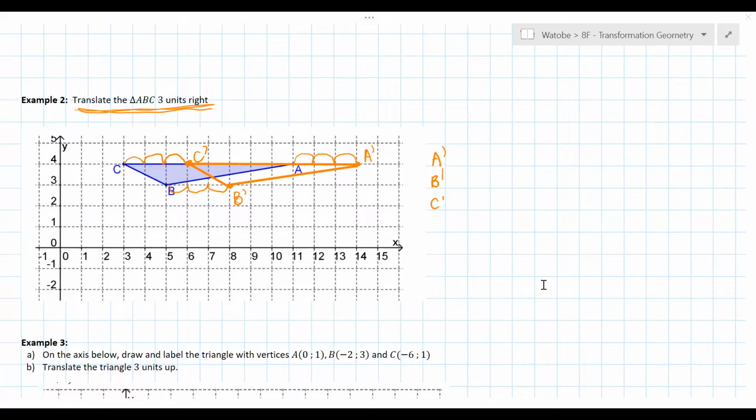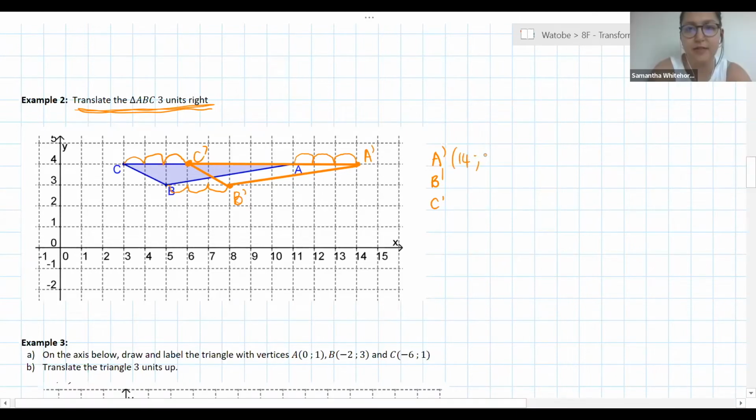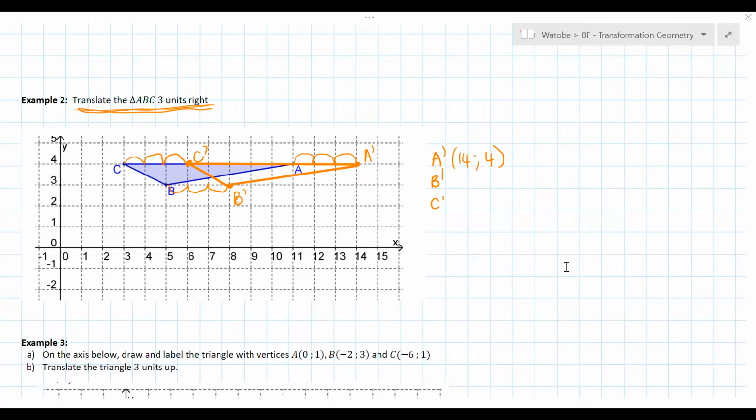Hi, ma'am. I'd like to answer the coordinates for A. Okay, perfect. Tell me. It's 14, 4. Perfect. Awesome. Thank you. Okay, so guys, A dash is at 14, 4. Both of them positive. Right, thank you, Lafika. I'm going to ask someone else for B, if that's okay.